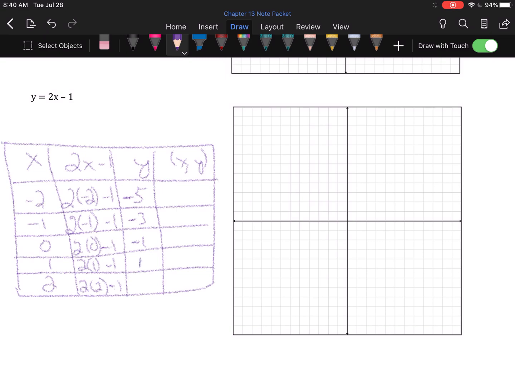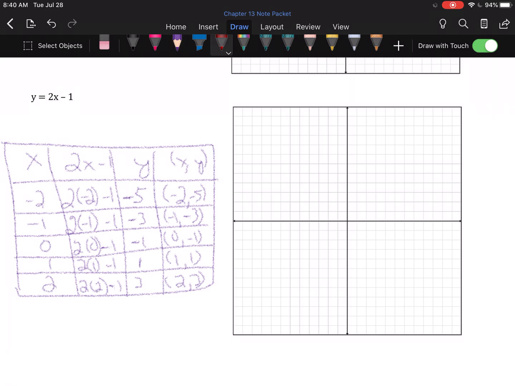And -2 times 2 is -4. -4 minus 1 is -5. That makes our ordered pairs -2, 3. -1, 1. 0, -1. 1, -3. And 2, -5.